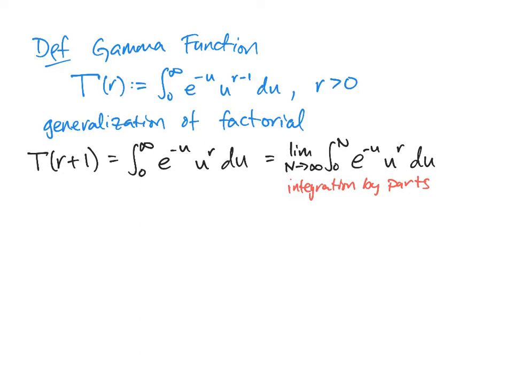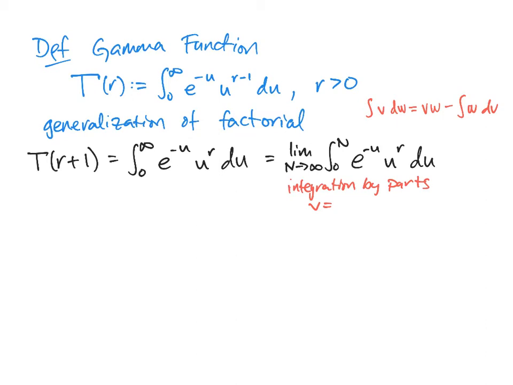So the integral of V dW equals VW minus the integral of W dV. U is not going to be a good term, so let's use V and W instead. Okay, changing the letters up is really kind of making my brain hurt.